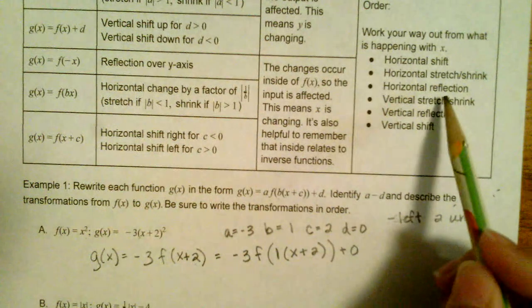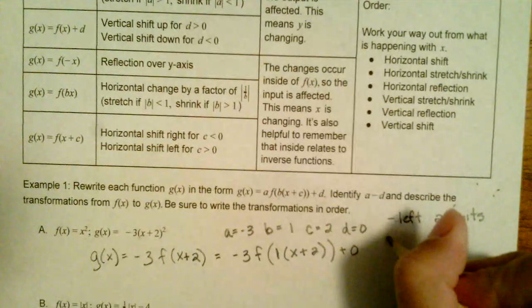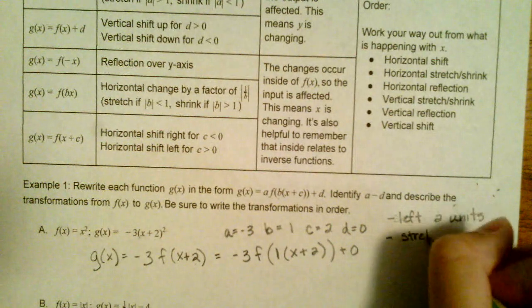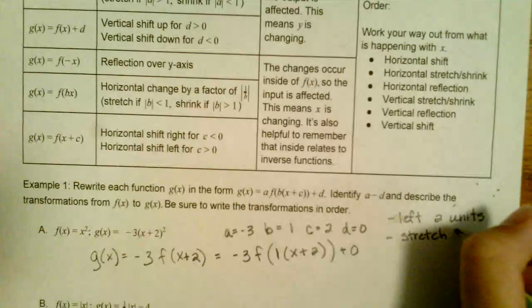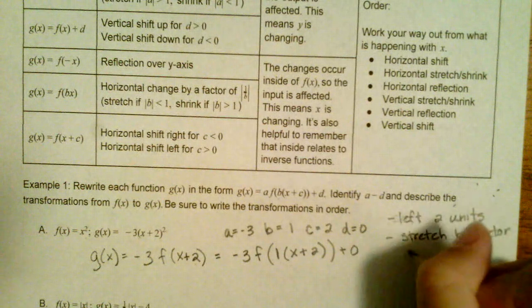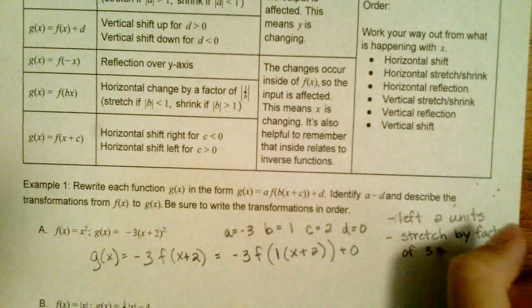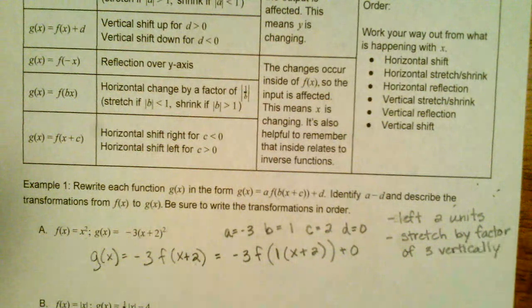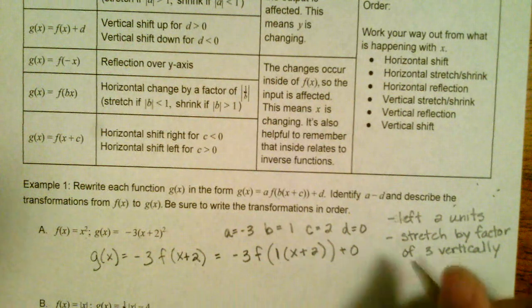Then we are going to have a vertical stretch by a factor of 3. I should have said vertical stretch of a by factor of 3. I guess it's probably six of one, half a dozen of the other.